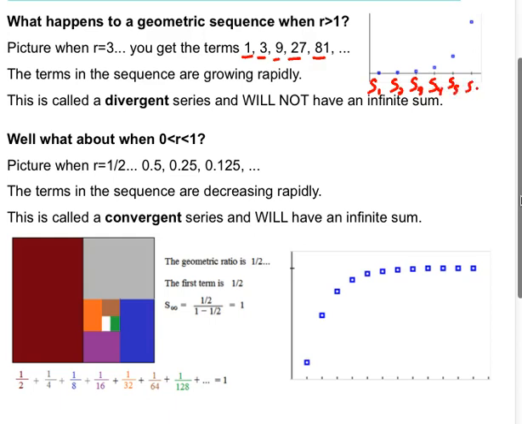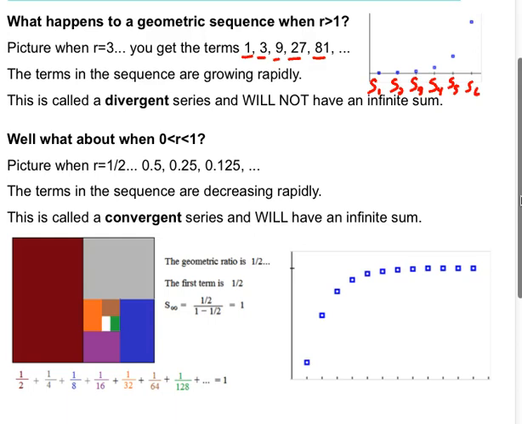Now, what you're noticing is when that rate is 3, your sum just keeps jumping. Every single time getting bigger and bigger and bigger. It's growing without bound, right? Your sum is just going to keep getting bigger and bigger.